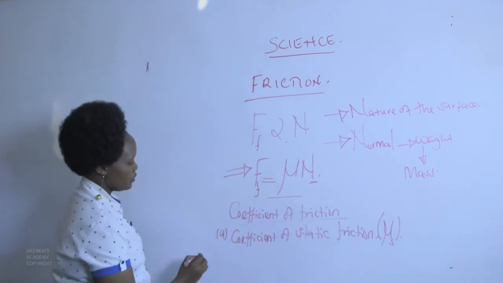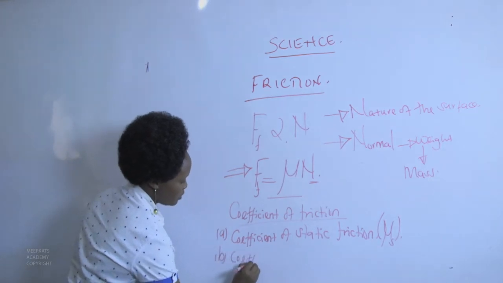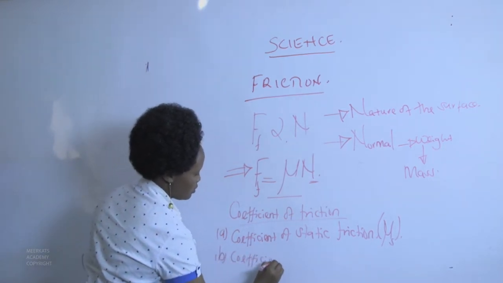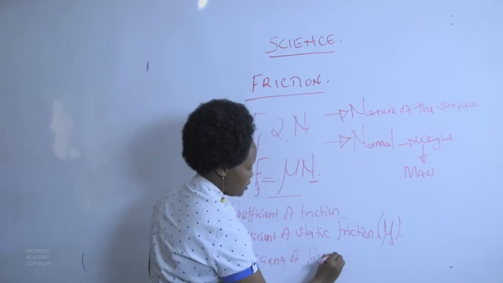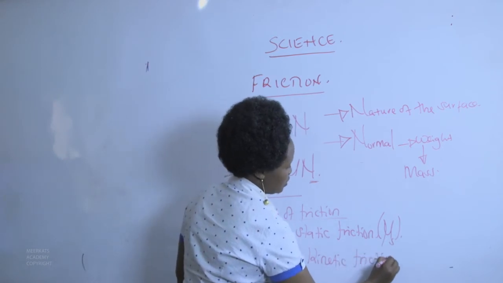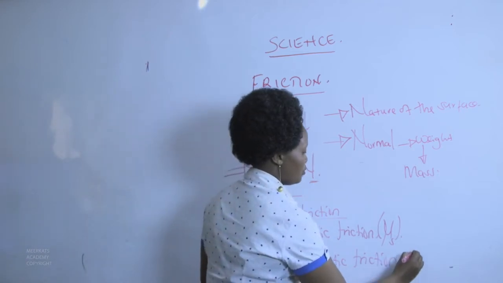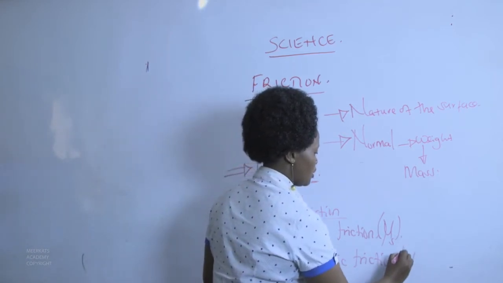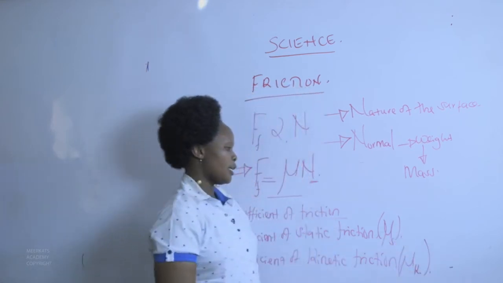And then we have the coefficient of kinetic friction, which again we are going to write as mu with a subscript k.